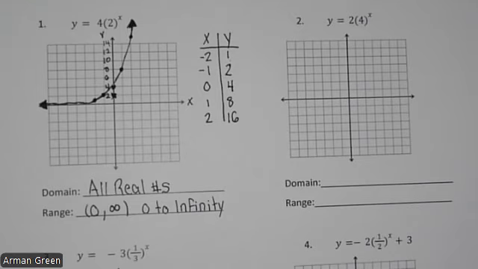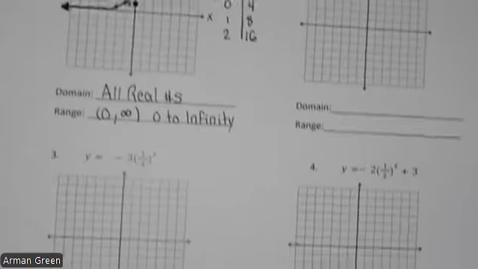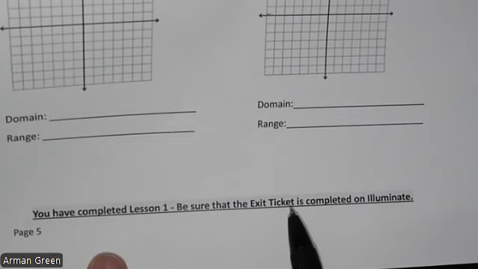If you look at the very bottom, and I kind of have it somewhat highlighted on your page, you should notice it on yours as well. It says that you need to make sure that when you're done with these independent practice problems, be sure that you complete the exit ticket as well, as it is on Illuminate.